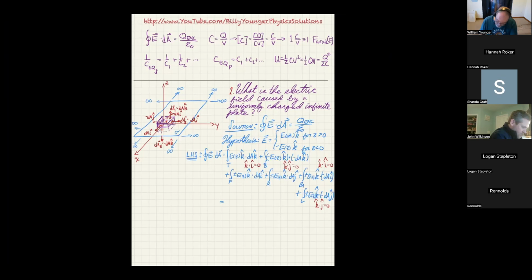So you see, you really get no terms except for the top and the bottom one. And for the top one, what happens is we're evaluating this integral.